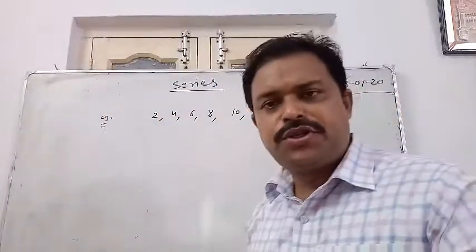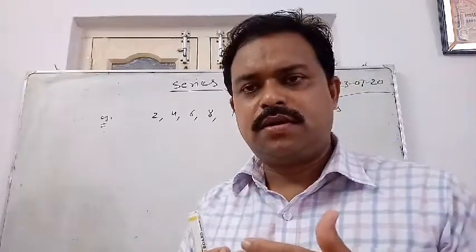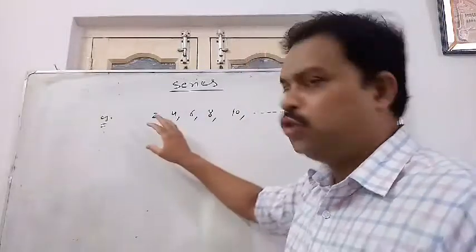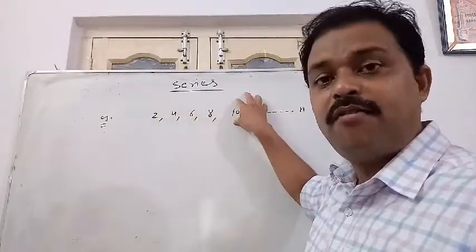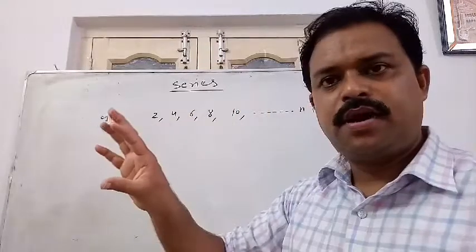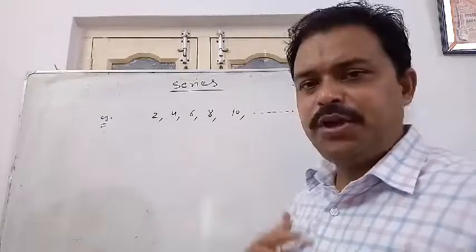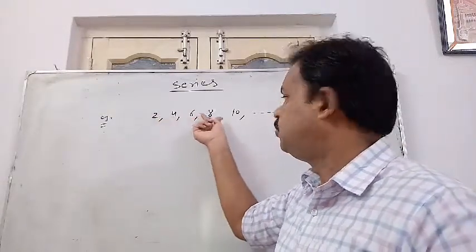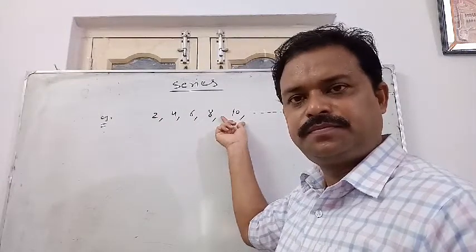If I ask you in this question how many terms have been printed, you will count 1, 2, 3, 4, 5. 5 terms have been printed. Is it clear? This is your first term, this is your second term, this is your third term, fourth term and fifth term.